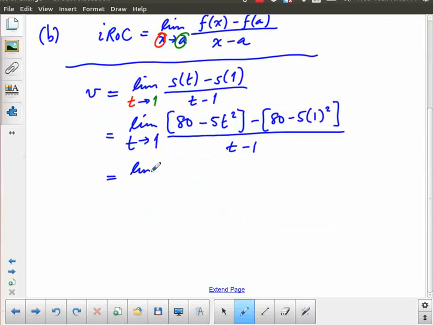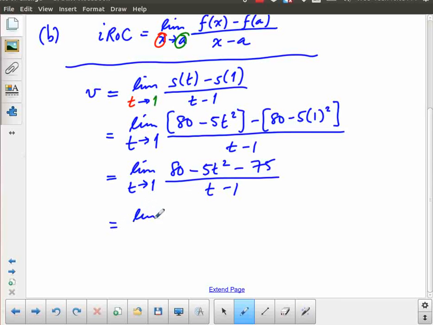That is equal to the limit as t approaches 1. This first bracket was actually unnecessary because it's a positive 1 in front, so I'm just going to go ahead and write that as 80 minus 5t squared. Minus, now this bracket, we can evaluate this in one step. 5 times 1 squared is just 5, so this is 80 minus 5, which is minus 75, over t minus 1.